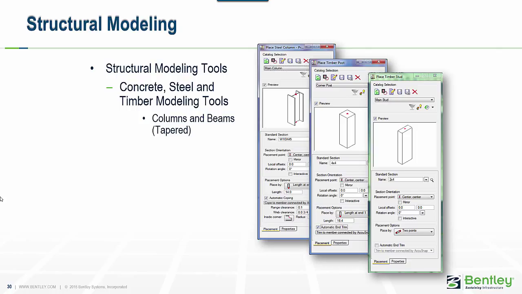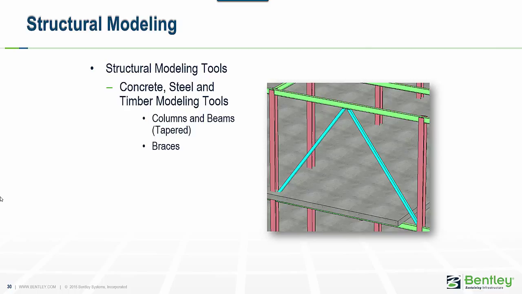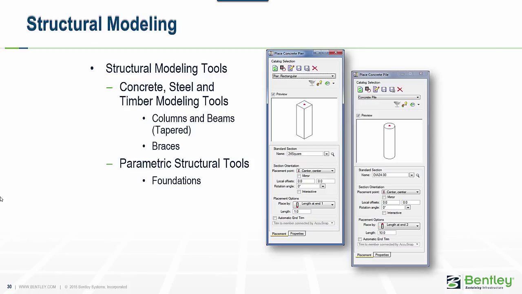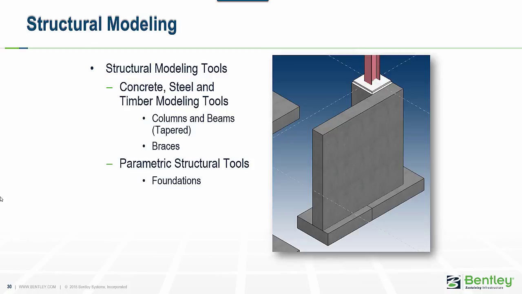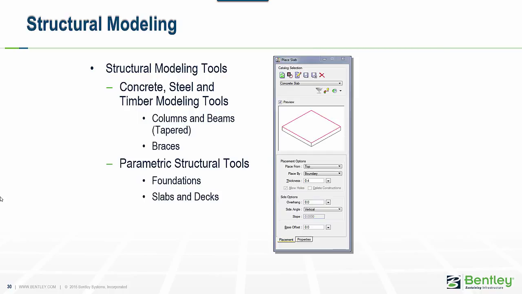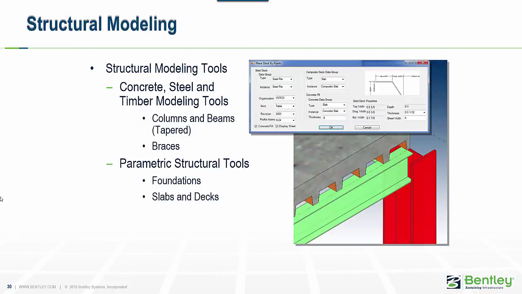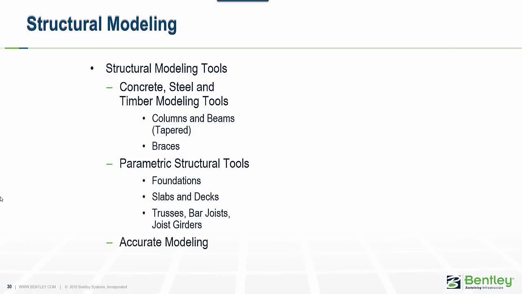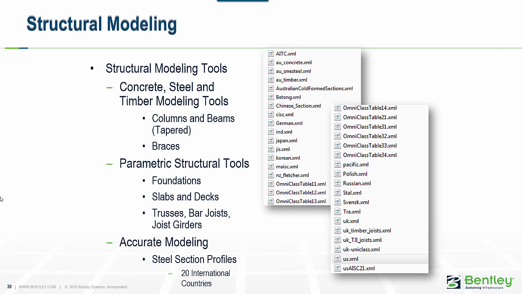Tools for columns and beams allow you to create tapered sections as well, and there are many other parametric structural tools like braces, tools for the creation of pile and pier foundations, spread footings, tools for the creation of concrete slabs and metal decks in order to create composite slabs, tools for creation of trusses, bar joists, and joist girders, steel section profiles for over 20 international countries, and automatic cutbacks and copes.